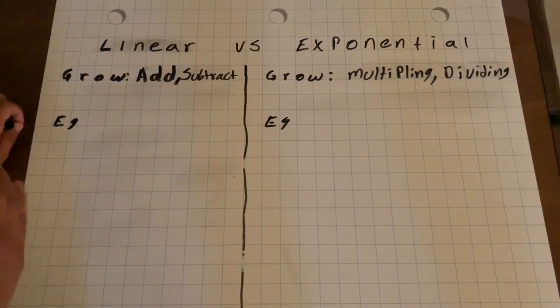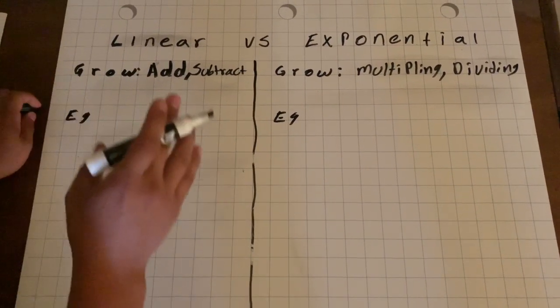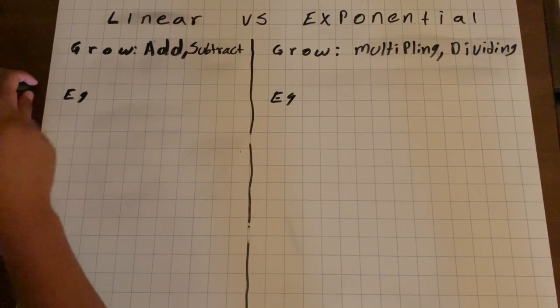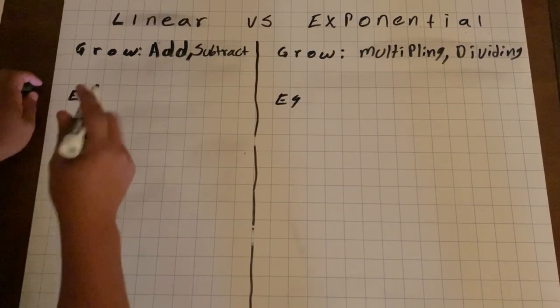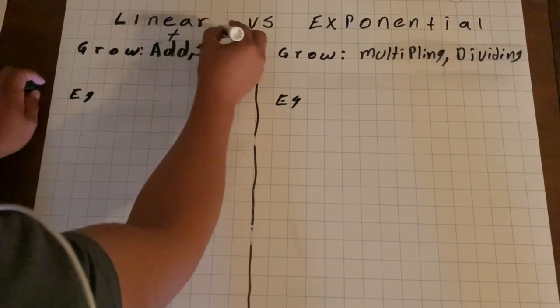Okay guys, as I was saying earlier about linear and exponential, we're going to see the difference between those two. In linear, the growth is by adding or subtracting. You add the numbers or subtract the numbers.